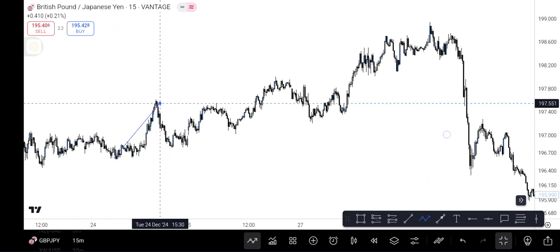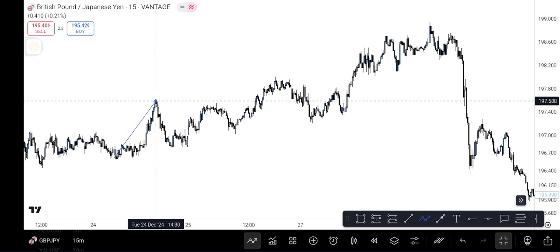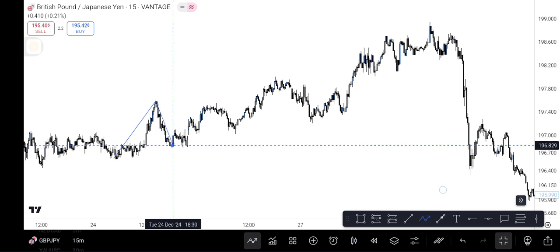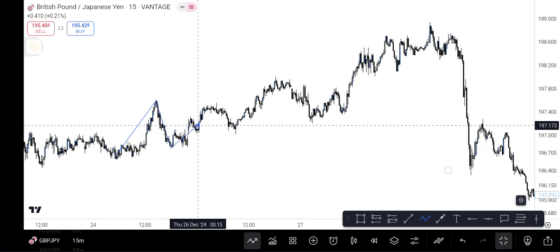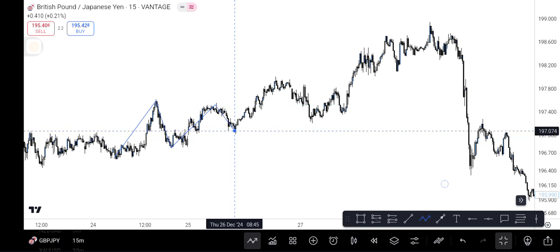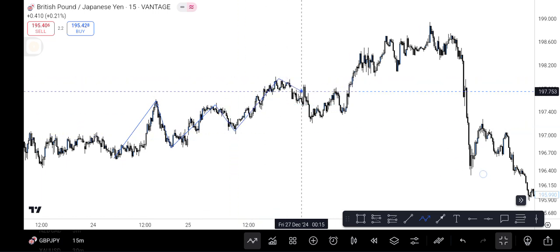Don't trade ranging markets or extremely volatile markets as a beginner. So you can see the price making higher highs, and then creating lows and highs and lows and highs everywhere here and there.